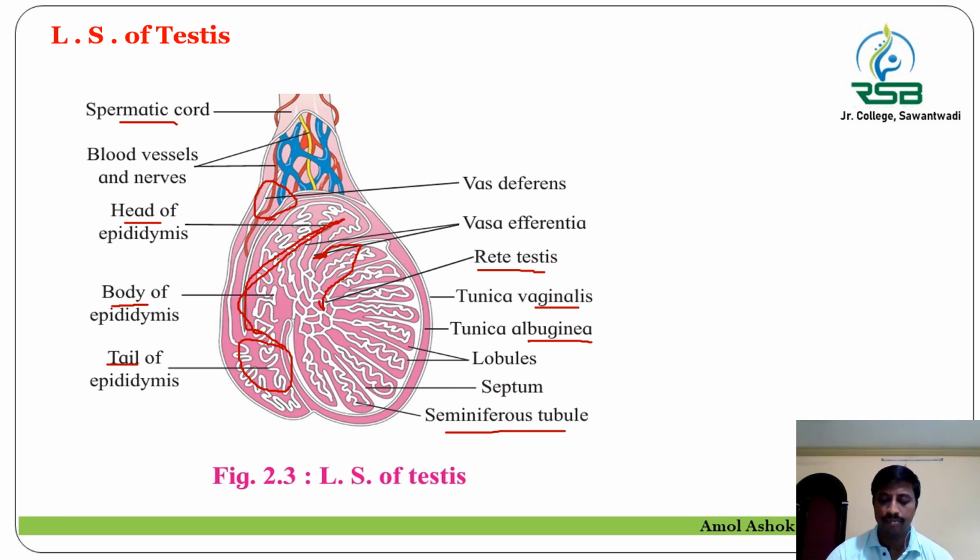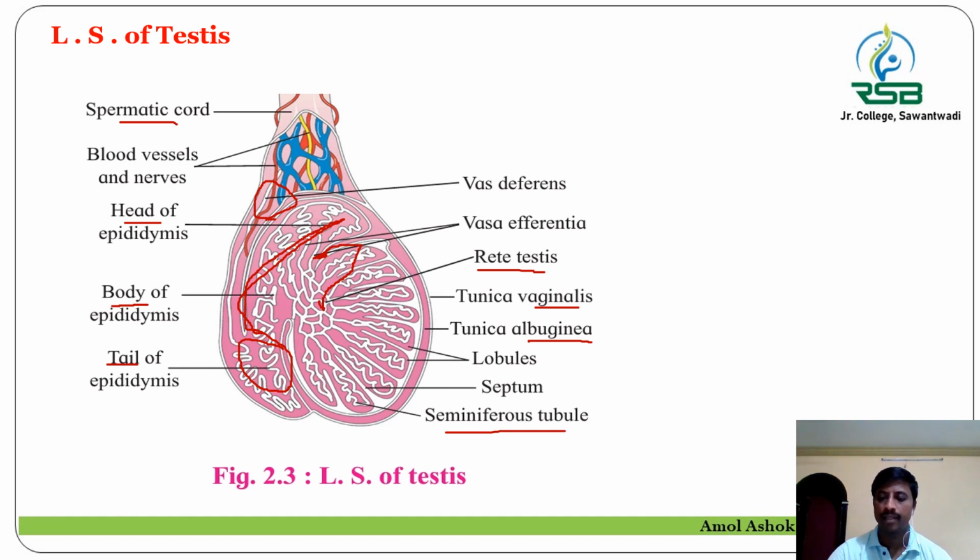So what is the importance of the seminiferous tubule? The seminiferous tubule is lined by cuboidal epithelium, and the actual process of spermatogenesis takes place in these seminiferous tubules by various steps.